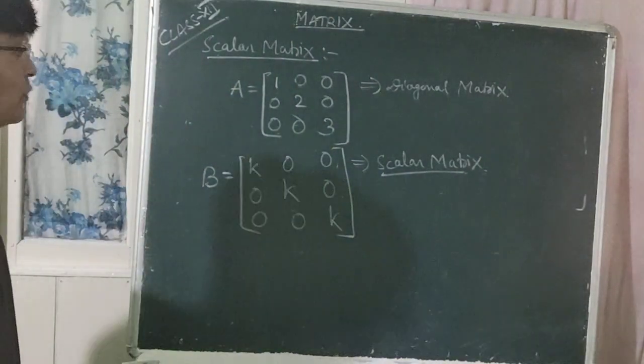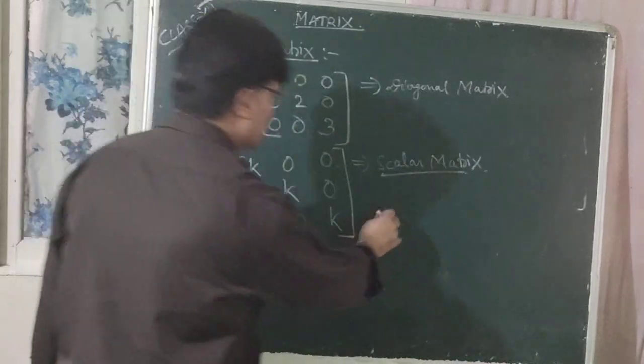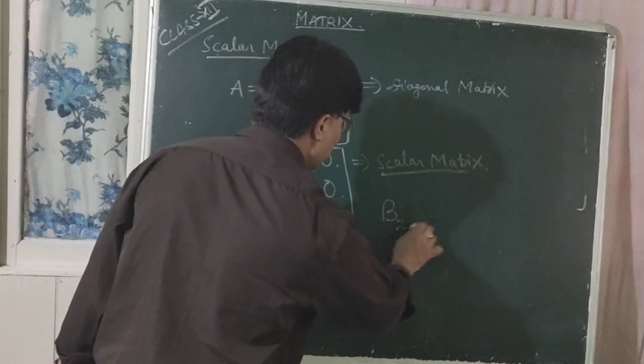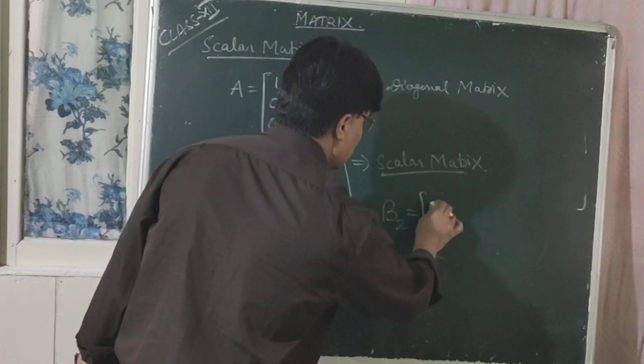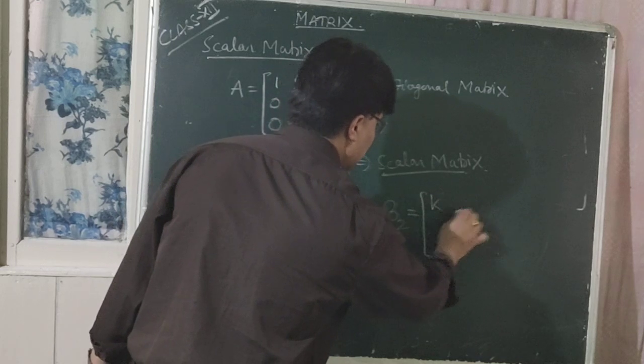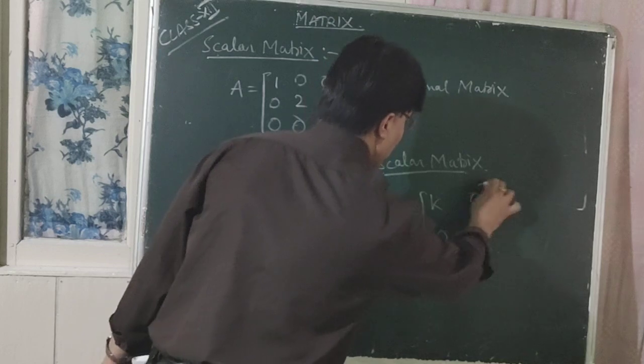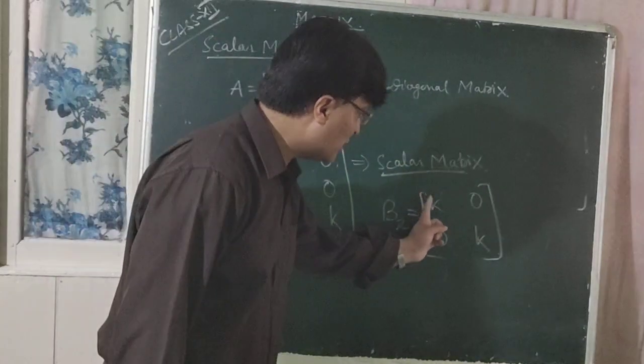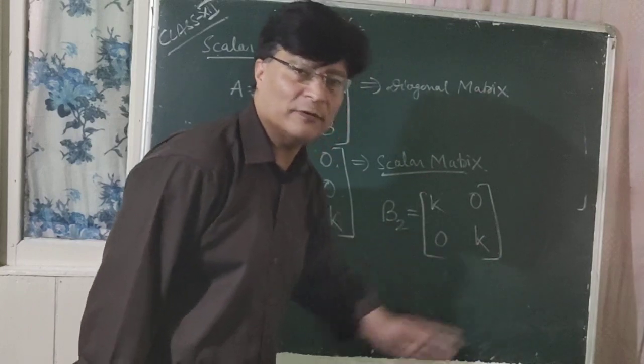Is that clear to all of you? Or you may write, suppose this is the B1 matrix and B2 matrix is K 0, 0 K. Here also this is a second order matrix and the leading diagonal is K, K, the same quantities.